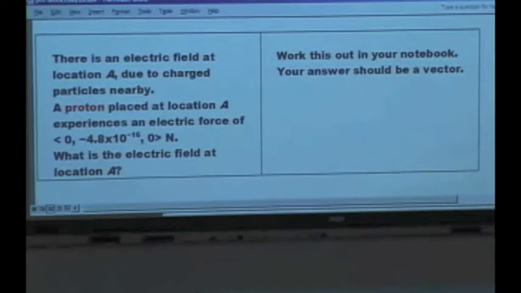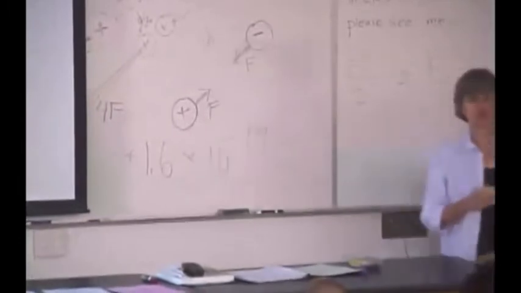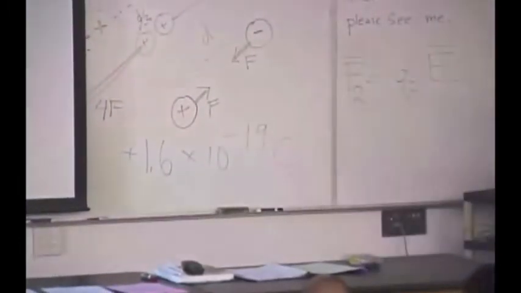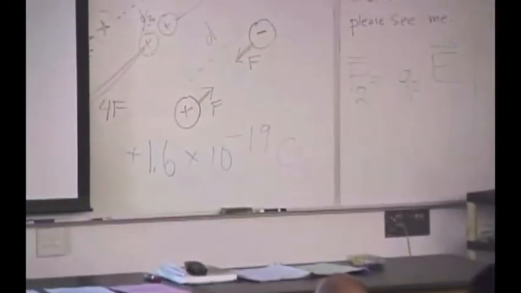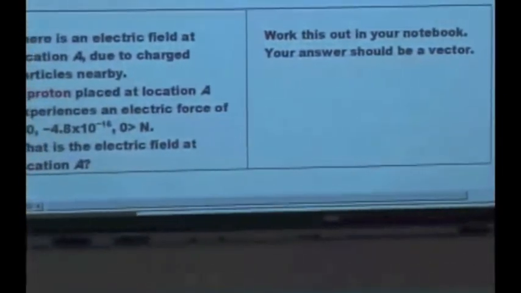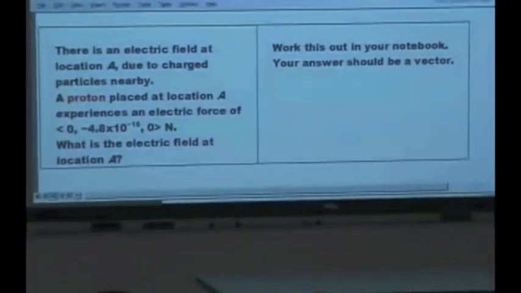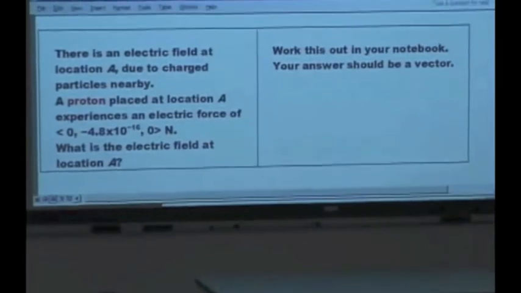Remember that the charge on a proton is 1.6 times 10 to the minus 19 coulombs. That's the charge on a proton, plus e. So you might even be able to do that one in your head without a calculator.